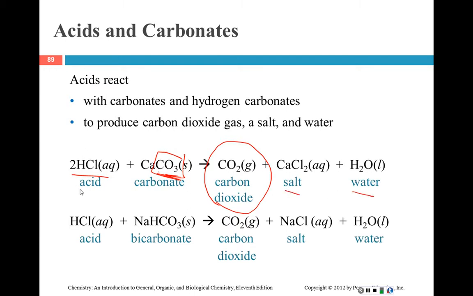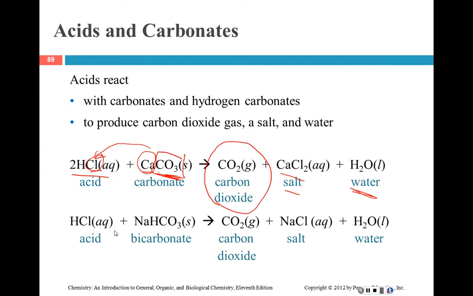If you've got hydrochloric acid with calcium carbonate, you're going to end up with CO2. You're going to have the salt, and when you make the salt, you're going to have whatever was attached to the carbonate, and it's going to combine with the negative chloride, right? That's going to make your salt, in this particular case calcium chloride, and then you're also going to produce water.